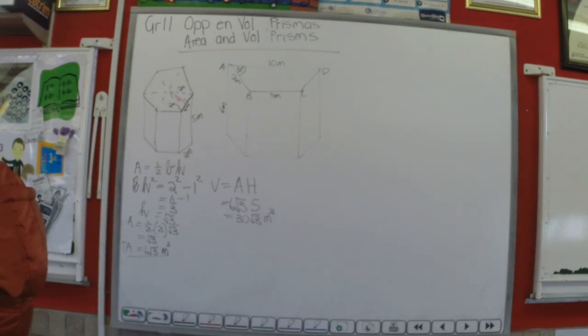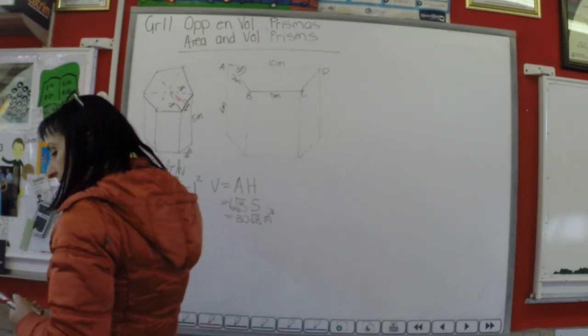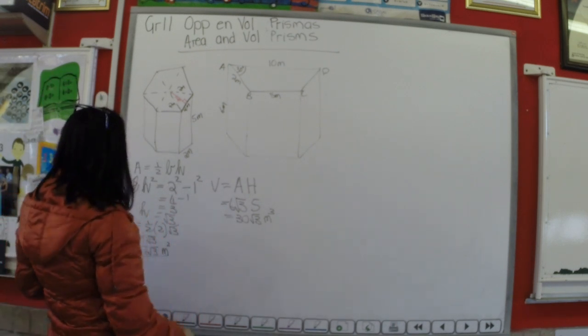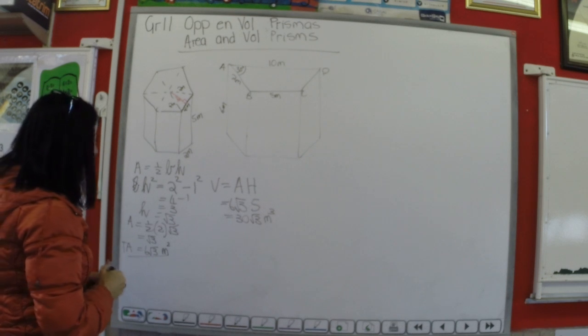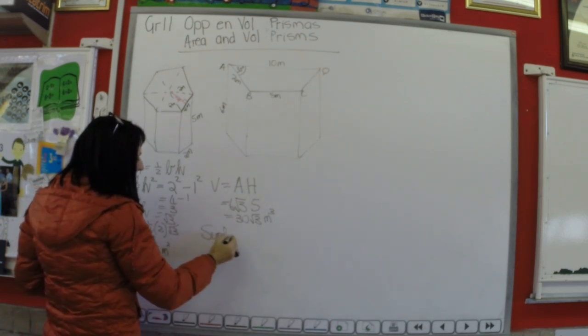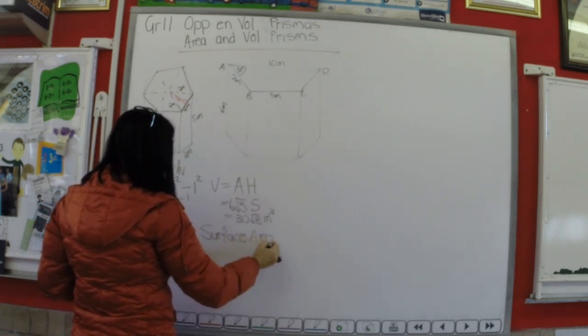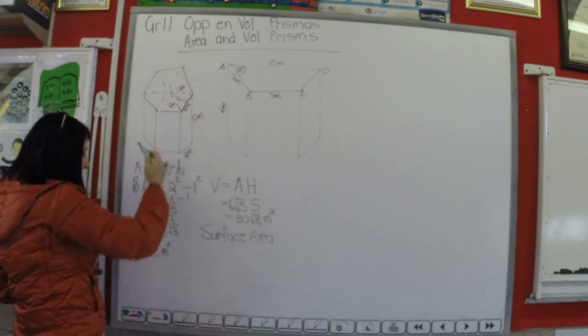The last question is determine the surface area of this hexagon prism, hexagon-based prism. And round your answer to 2 decimal places. Die buiteoppervlakte. So ek soek die buiteoppervlakte, the surface area. So I've got the area of the base and the top part.